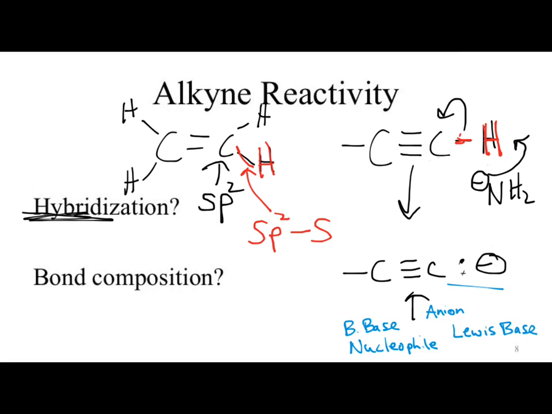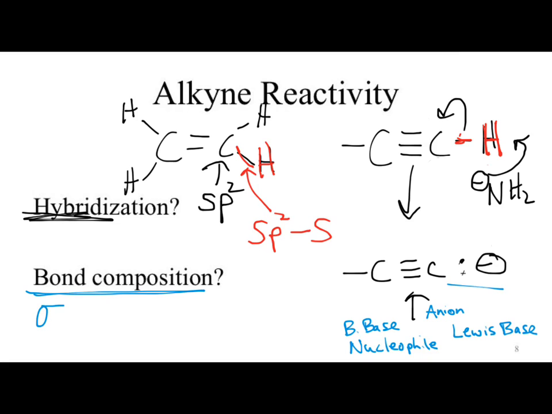I could say, given an alkyne, how can you make some other structure? Okay, well, you could connect that alkyne to another structure by turning the alkyne into a nucleophile. You could then react it with an electrophile. What else is special about the alkyne? What kind of bonds do we have in the alkyne?